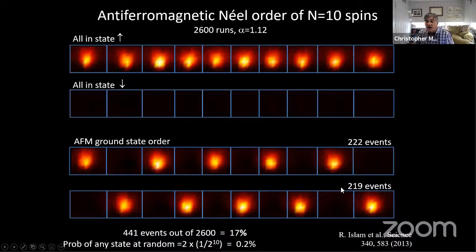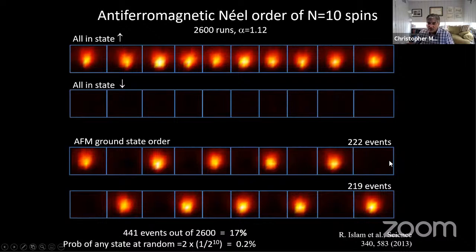17% of the time we saw the expected ground state, which is Néel ordered, up, down, and its inverse, down, up, down, up. Now that's okay. 17% is not too bad, especially when you consider that these two states are only 2 out of 1,024 possible states.